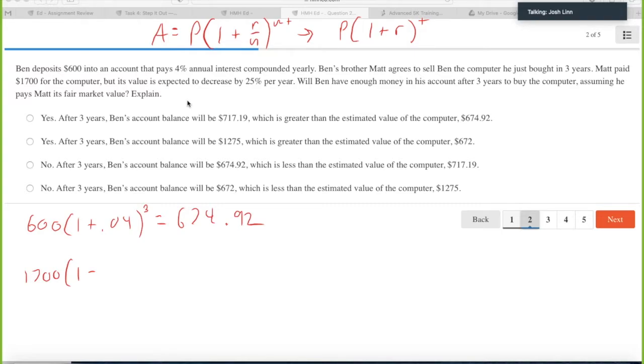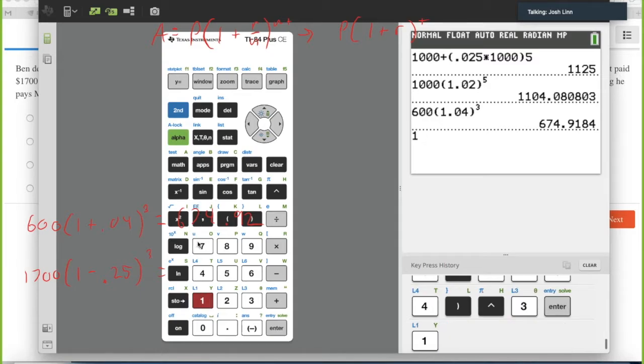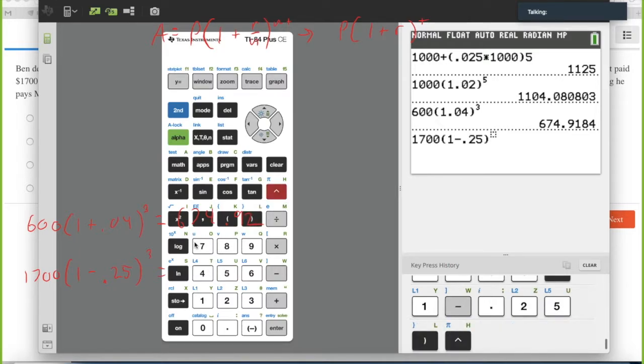Since it is decreasing, that's why it's a negative. And it's going to be for 3 years. Go, gadget calculator. 1,700 times 0.75 cubed.